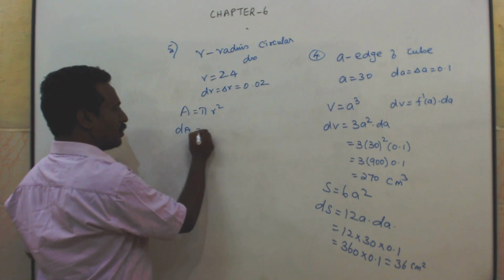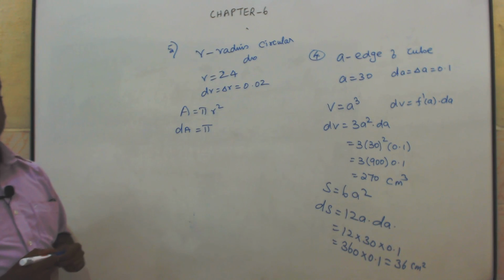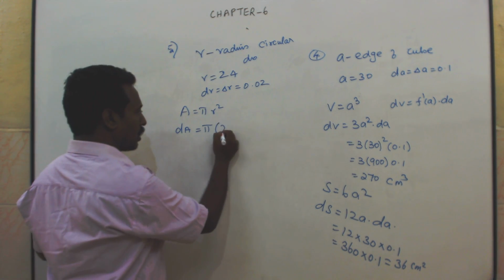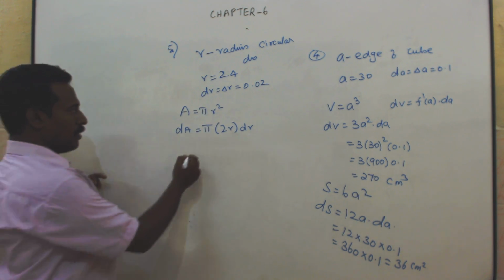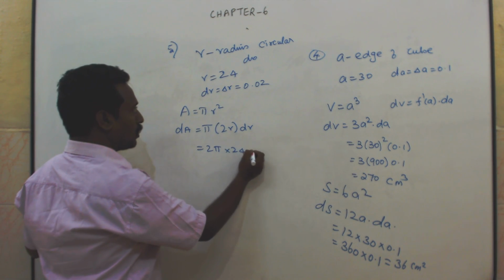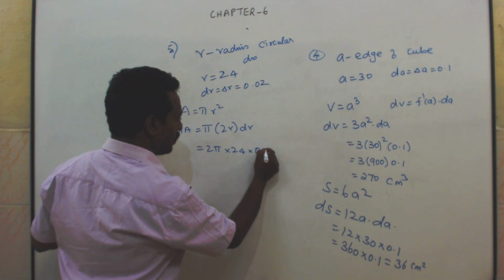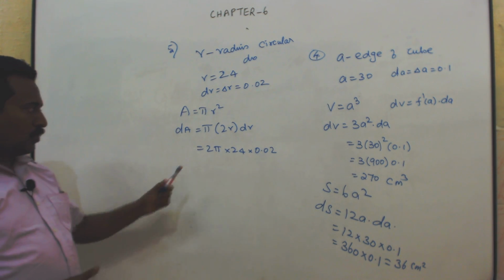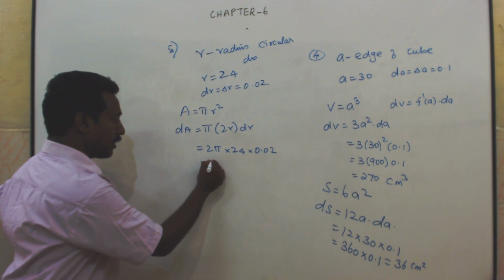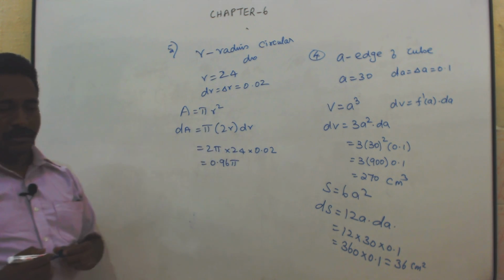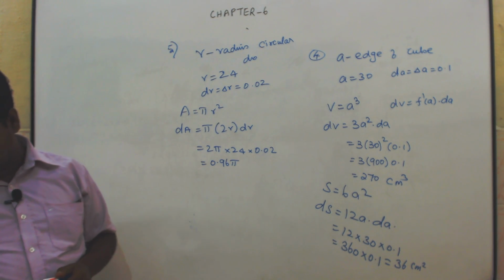Then differentiate: dA equal to pi times the derivative of r square, which is 2r into dr. We know r and dr: 2 pi, r value is 24, dr value is 0.02. 2 24s are 48, 48 into 2 is 96, that is 0.965. The second part, compute the relative error.